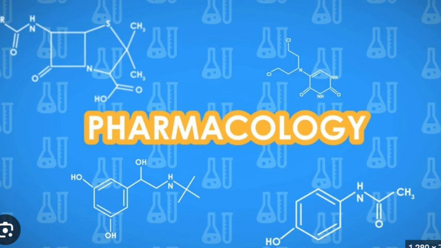What is the mechanism of action of milrinone on the heart? It's a phosphodiesterase 3 inhibitor, which leads to increased cyclic AMP, which increases cardiac calcium, which increases contractility.